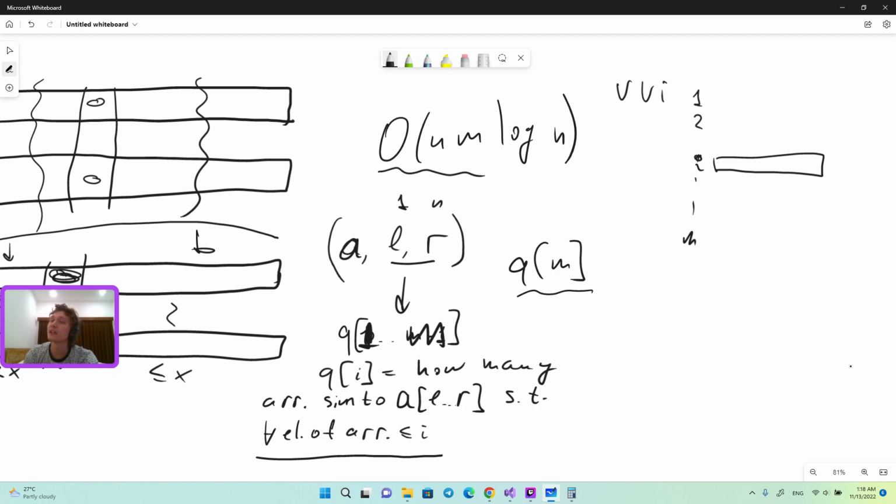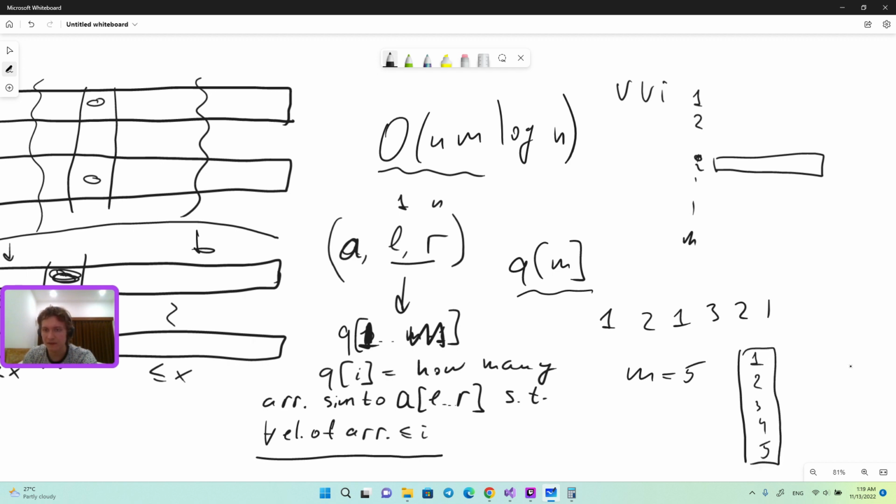For example, there's this array, in this case m equals 5. Okay, so I have the vector of vectors, and here I have 0 to 5. Here I have 1 and 4. Here I have 3. And here we have an empty array.